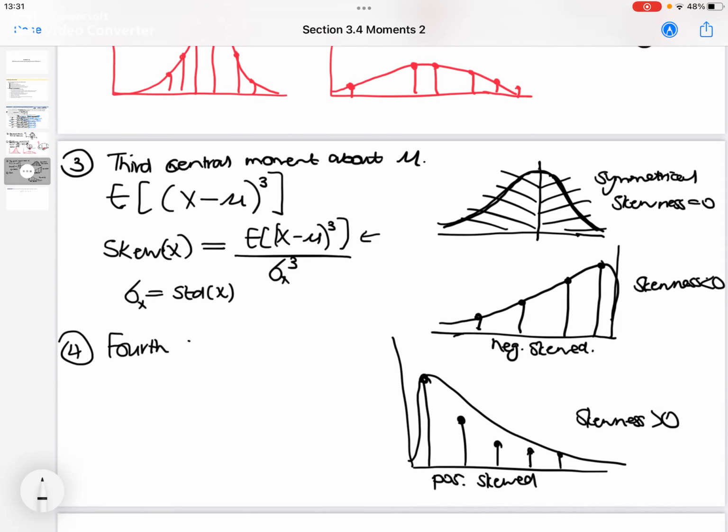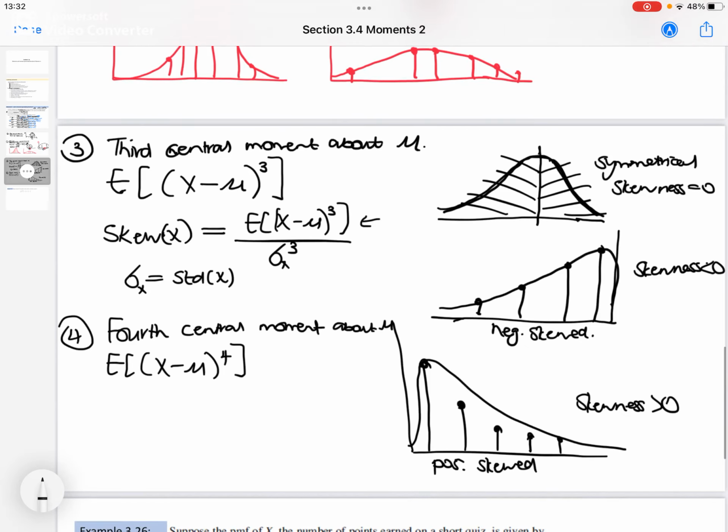it's the fourth central moment about mu, and we will use the fourth central moment about mu to calculate kurtosis, where kurtosis tells us about the tails of your probability distribution.